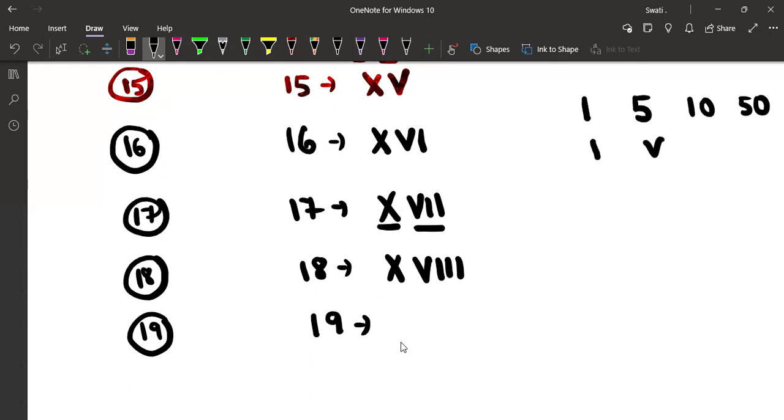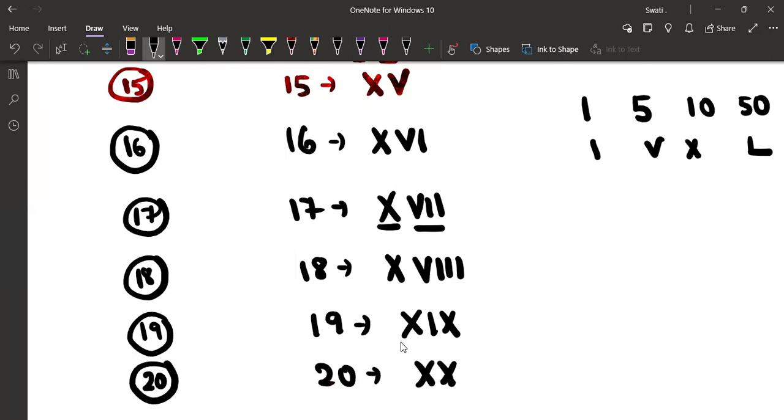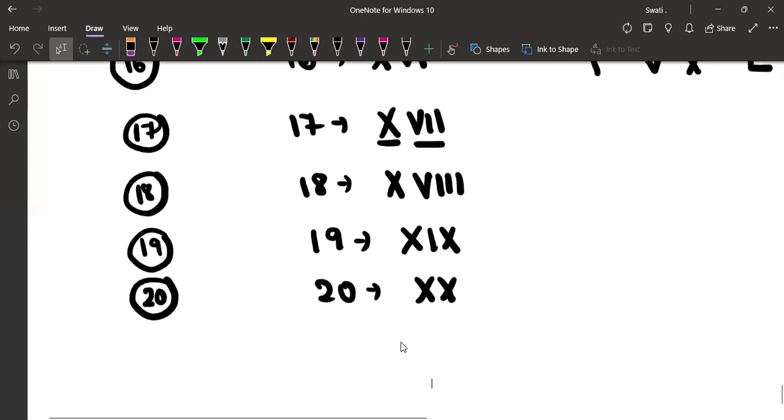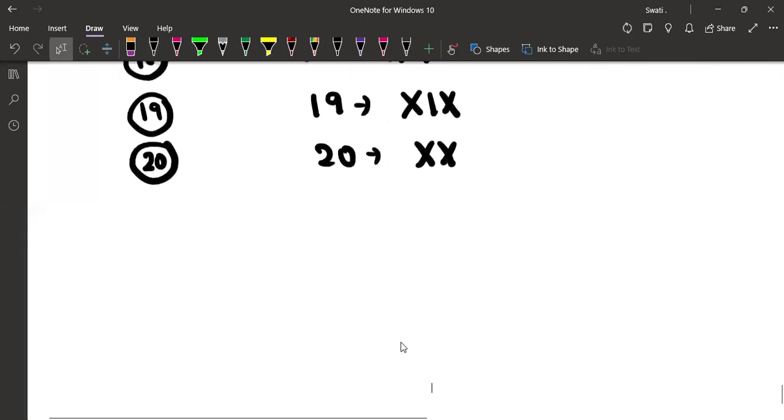So it's I, V, X, and then L. We do not have any fixed symbol for 20. So for 19, we can write X. I think you have understood already. 10 and then 9. So 10 plus 9, 19. And now for 20, of course, it's very simple, which is X, X. 10 plus 10, 20. Make sense?